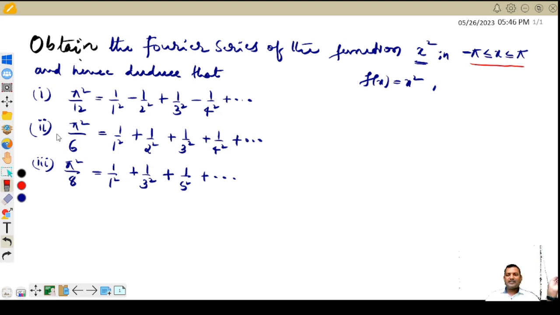So this is a very easy example. Now first let us write the Fourier series, students. What is the Fourier series?